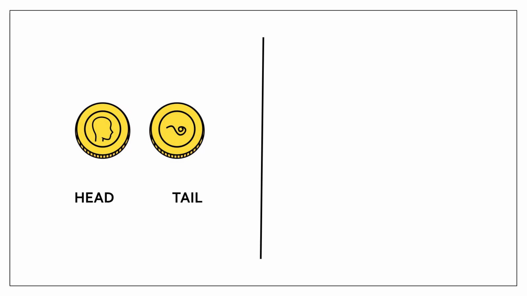So if it lands on heads, that person's going to do something. If it lands on tail, the other person's going to do, again, whatever task it is that you might be avoiding. Each person has a 50% chance of being the one to be selected to do or not do something, again, depending on what it is that you're trying to decide.